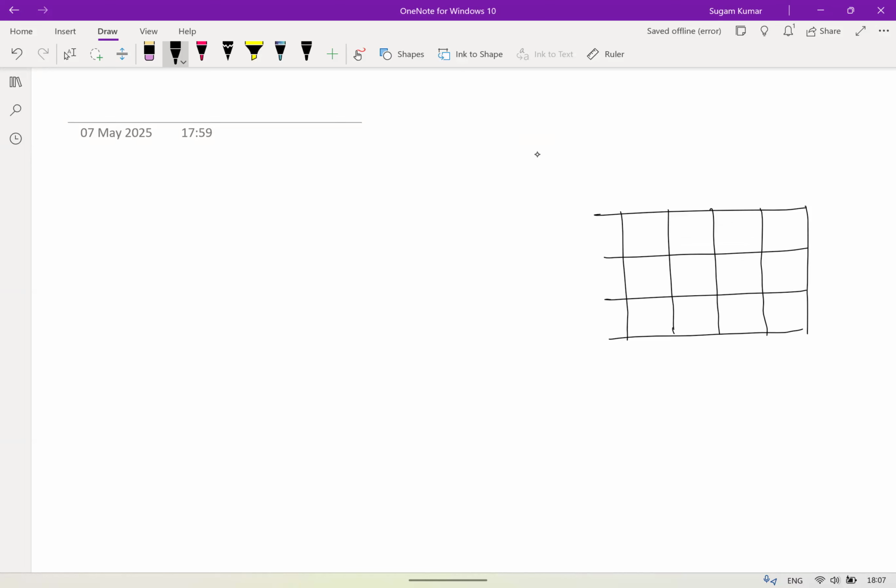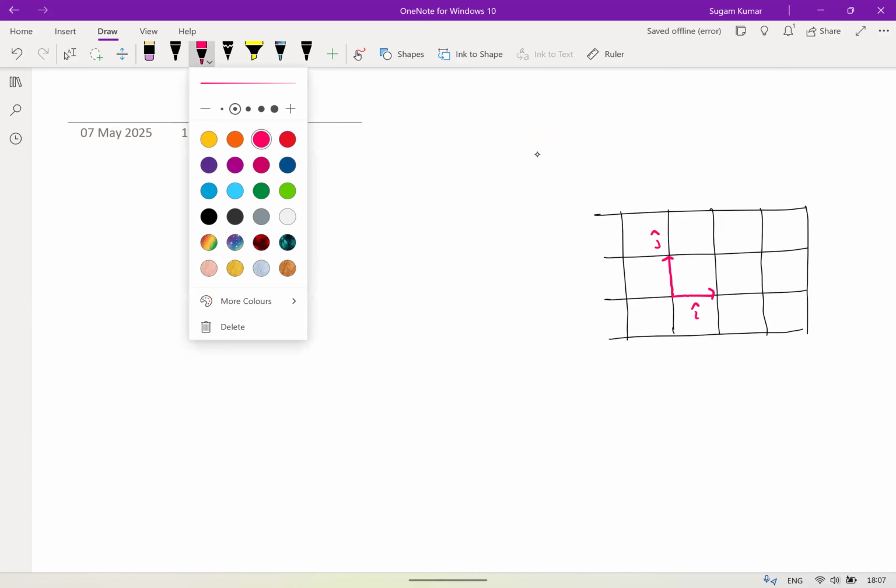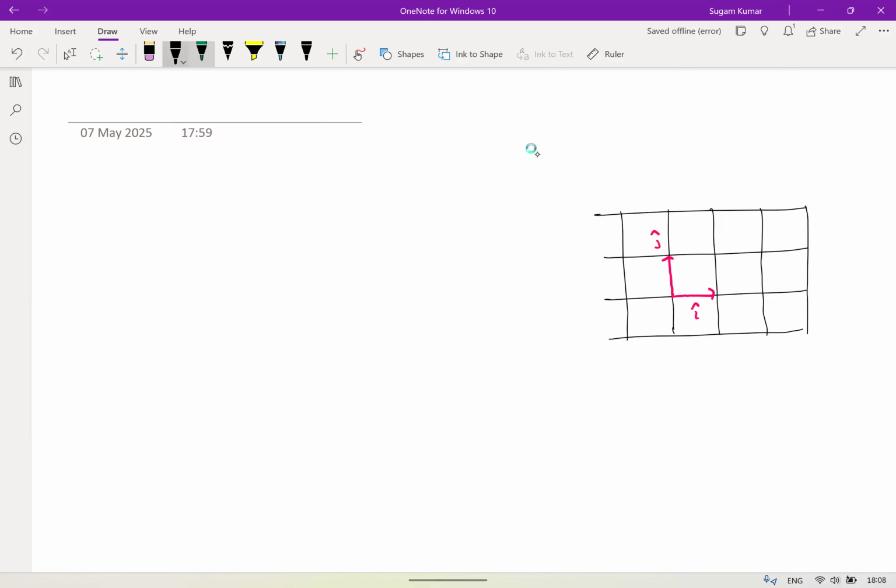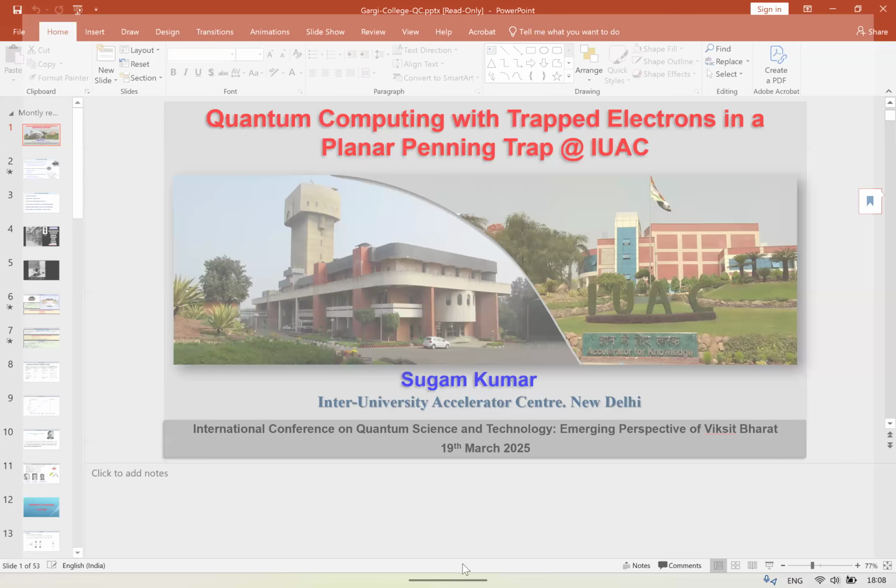And in this vector space, let us say I have two basis vectors, which I can call I and J. Now imagine that you want to rotate this space.